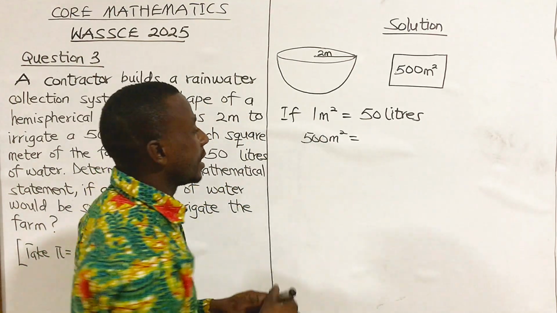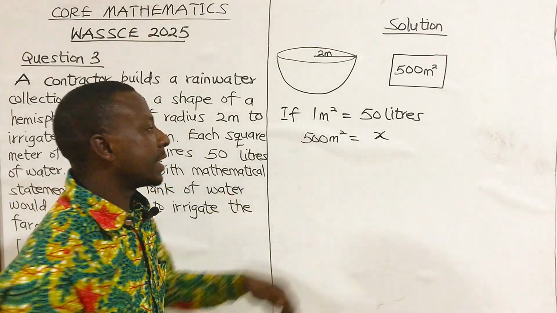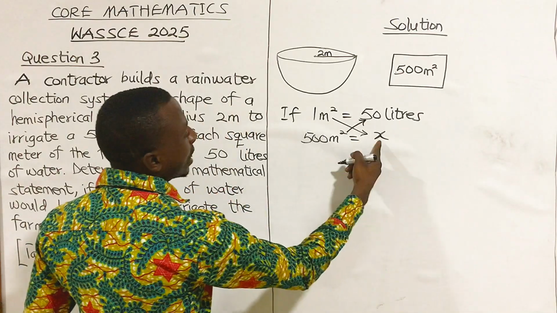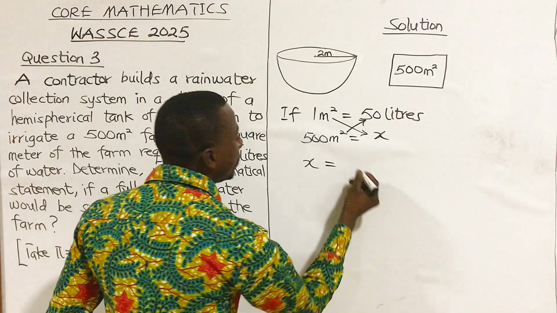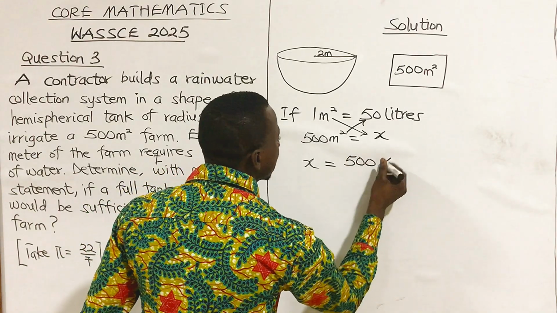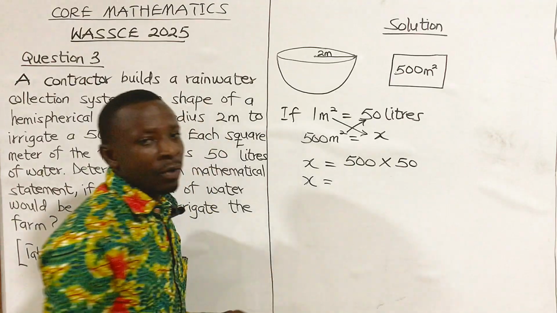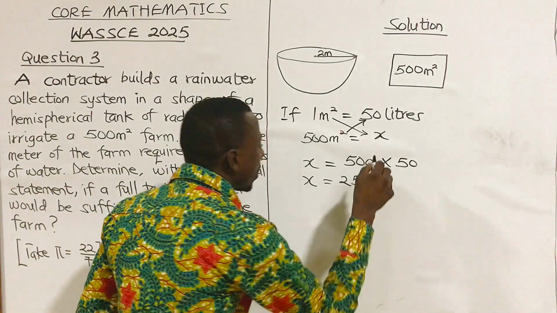We don't know, so we are going to put a variable here, which is x. From here, we need to cross multiply. 1 times x, we still have x. 500 times 50. Here, we are going to get 5 times 5, we have 25.